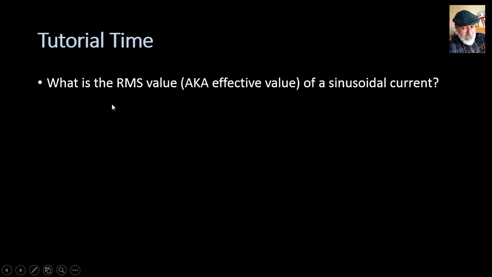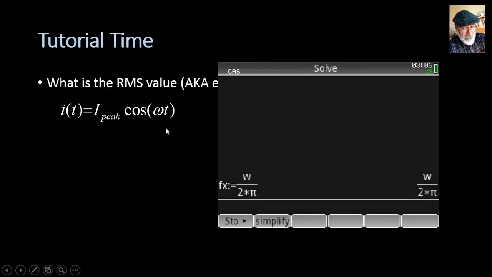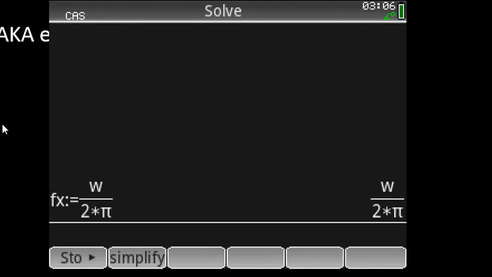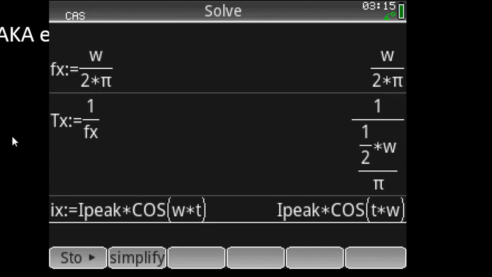Another tutorial time. What is, in general, for any sinusoidal current, the RMS value, the effective value? That current has a peak value and a frequency omega radians per second. The frequency in hertz would be omega divided by 2 pi. The period is the inverse of that frequency in hertz. The function itself, i(t), is I peak cosine of omega t.